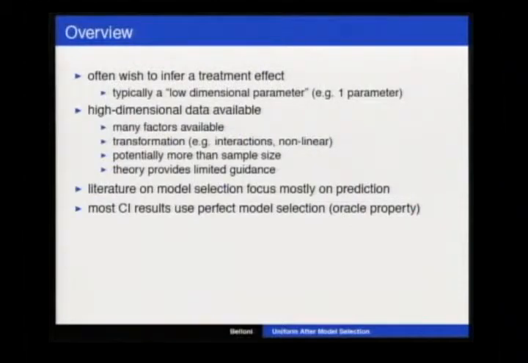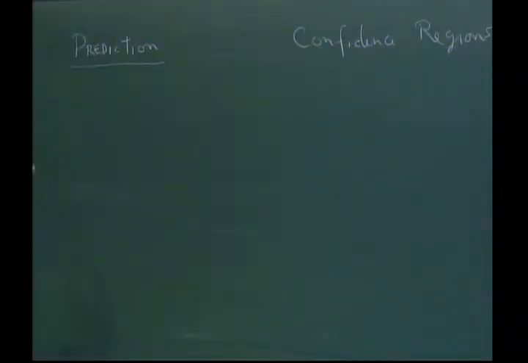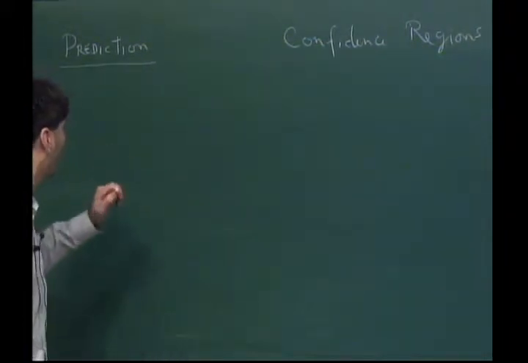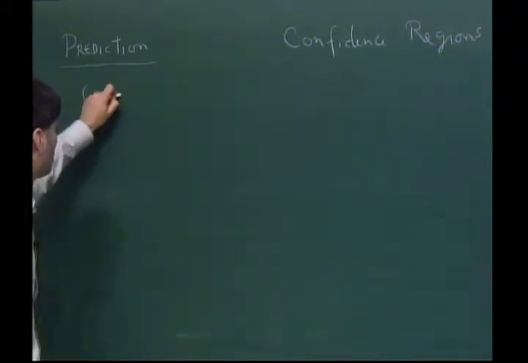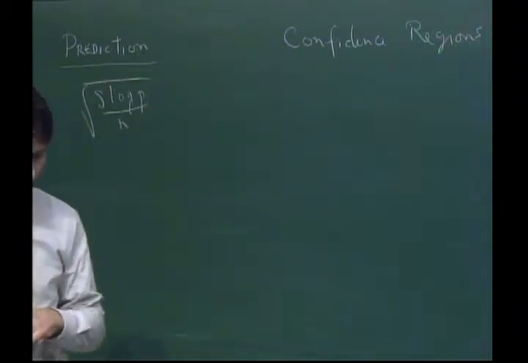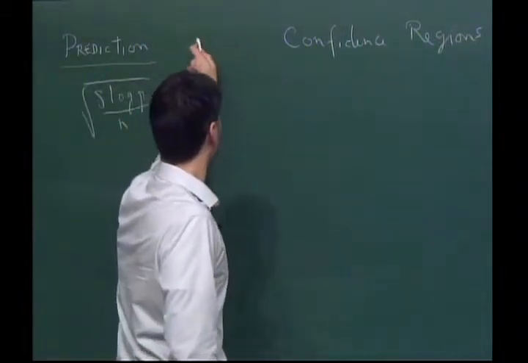A little bit of misspecification actually hurts you a lot, destroys your coverage, while prediction is much more forgiving. Right? It's really something that one of root n mistakes doesn't really affect you much. And actually, we know that minimax rates are of the order of s log p over n in this setting. So we had to be much more careful here.